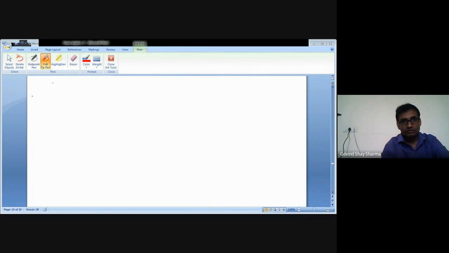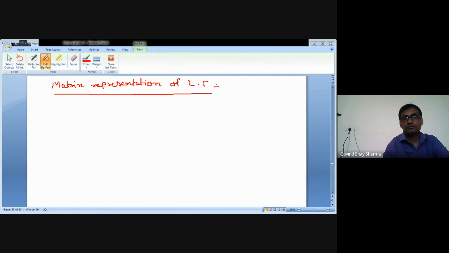Yes. In the previous lecture, we discussed the matrix representation of linear transformation. Now, in linear transformation, how can we write it?